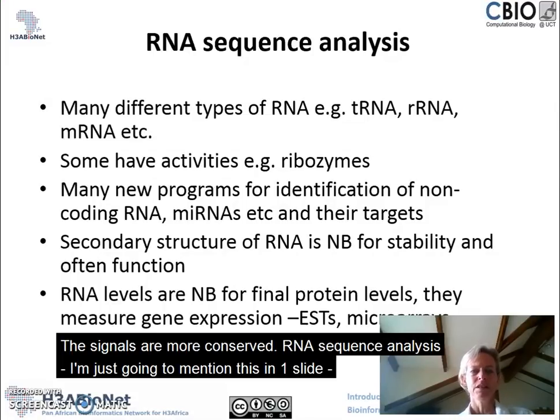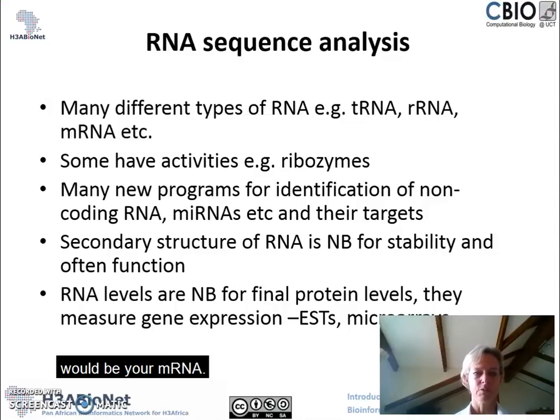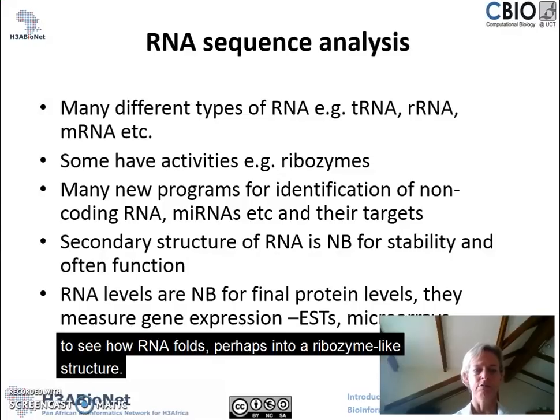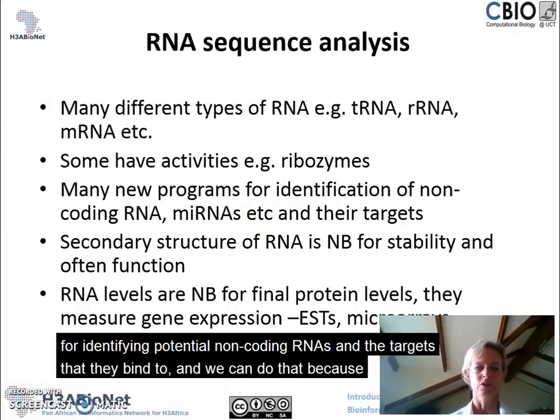Now, RNA sequence analysis, I'm just going to mention in this one slide, there are many different types of RNA. So you get tRNAs, rRNAs, mRNAs. So the transcript that comes from a gene would be your mRNA. Some RNAs have their own activities, like ribozymes, and there are prediction programs to see how RNA folds, perhaps into a ribosome-like structure. And now with the new field of small non-coding RNAs and microRNAs, there are a number of tools that have emerged for identifying potential non-coding RNAs and the targets that they bind to.